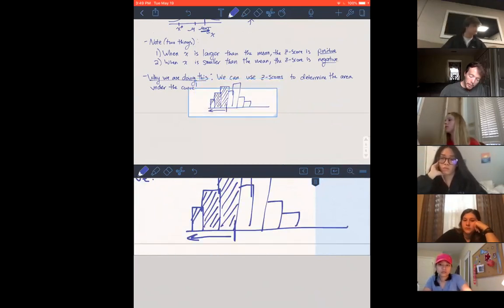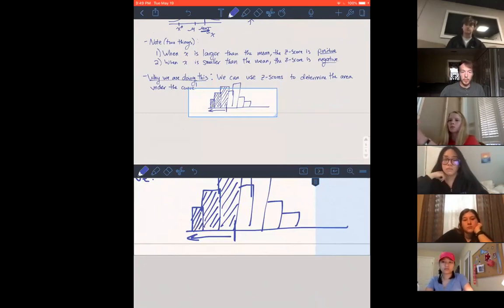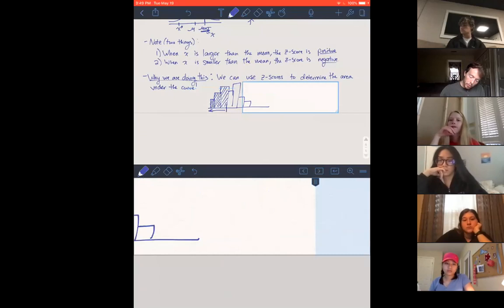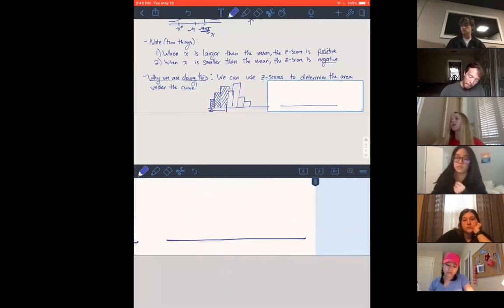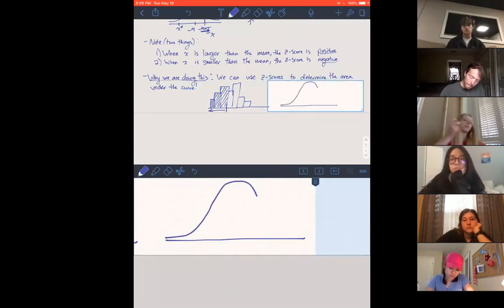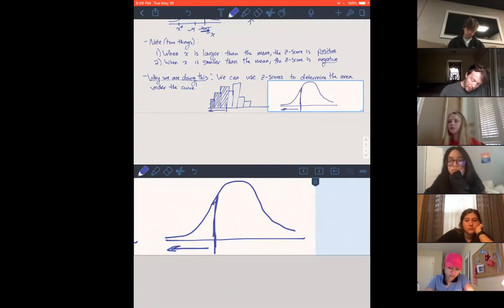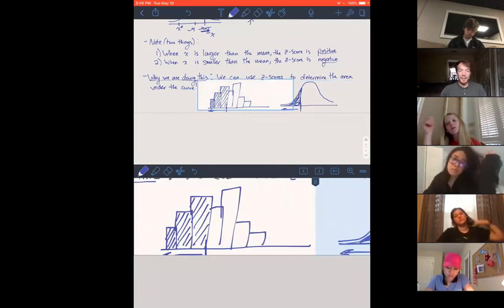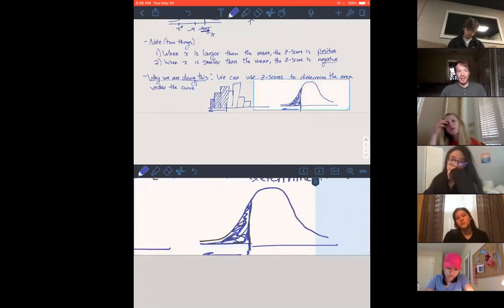And this corresponded to the proportion of values we observed at and below that point. When it comes to the normal distribution, though, if we want to do that same thing, find the proportion of values that show up at and below this point, this weird curved almost triangle, but definitely not a triangle thing is not something that we could just calculate in the same way we could calculate the area of these bins. This was base times height. This is technically an integral.